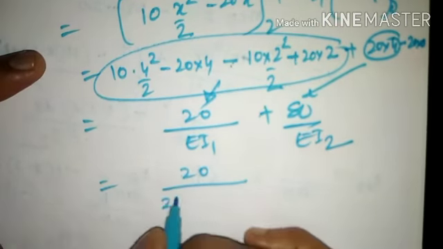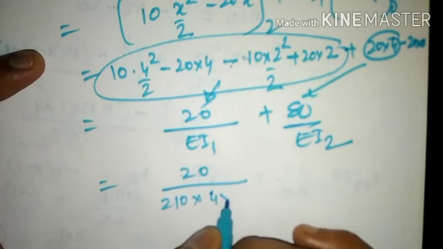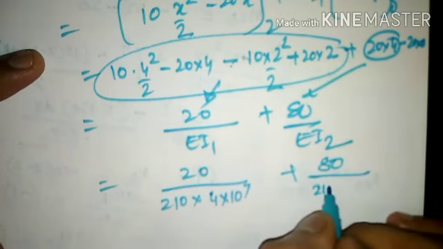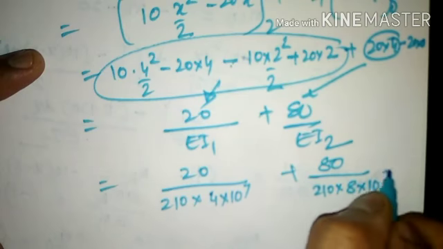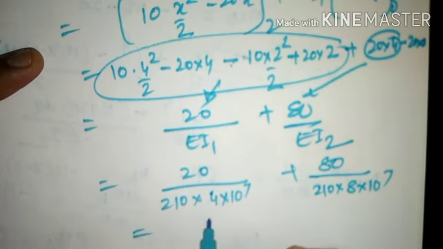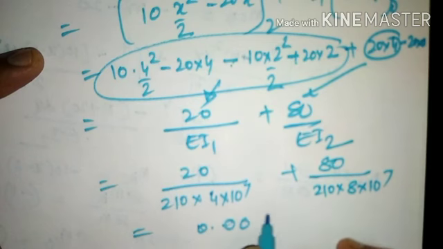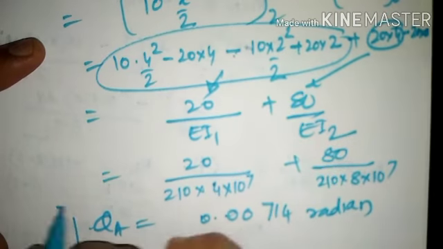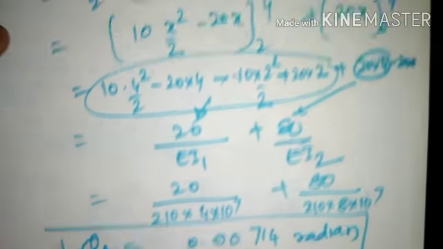So this will be 20 divided by 210 into 4 into 10 to the power of 7, plus 80 divided by 210 into 8 into 10 to the power of 7. So after rotation, this will be 0.00714 radian. So this is the value of theta A after substituting the dummy term.